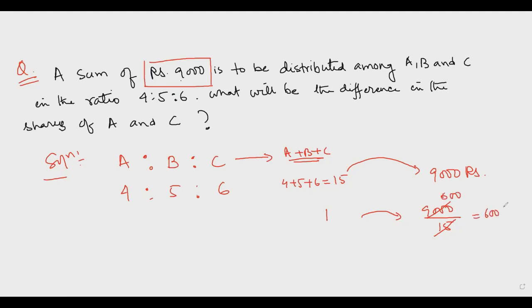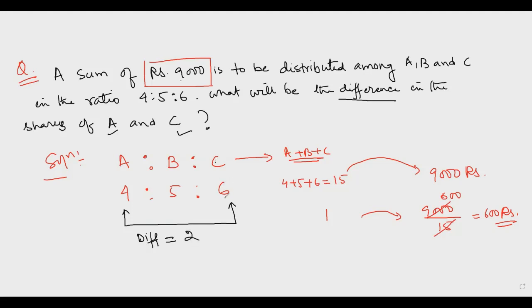So one value is equivalent to 600 rupees. But the question demands the difference in the share of A and C. What is the difference here? 2.